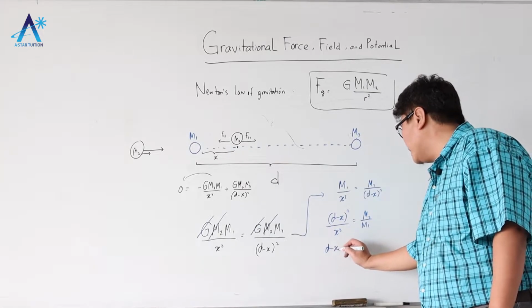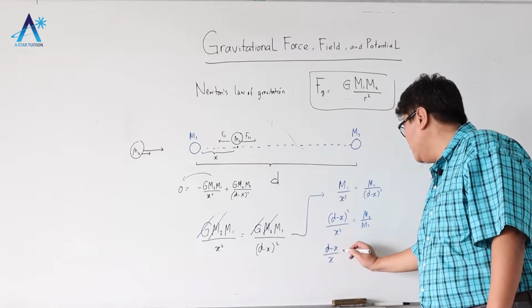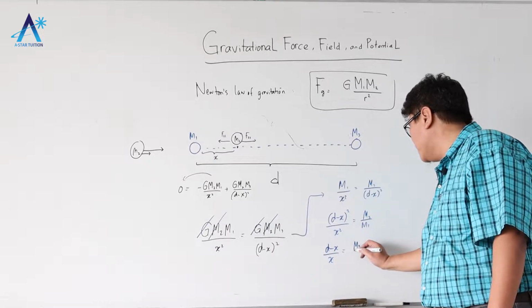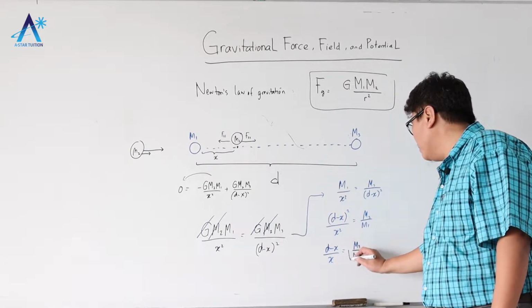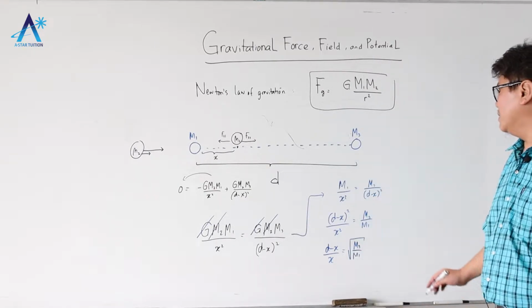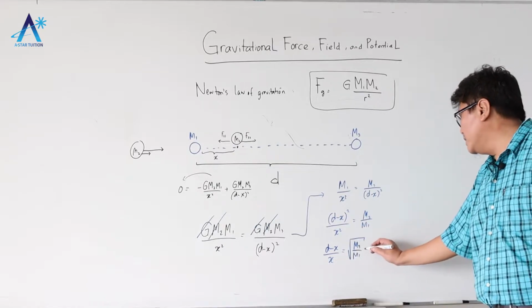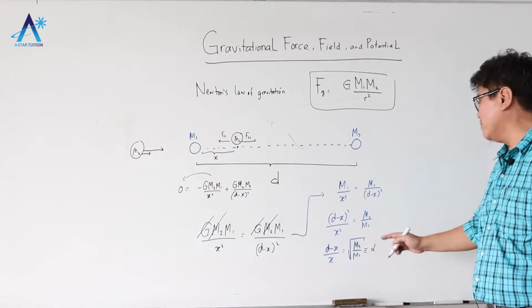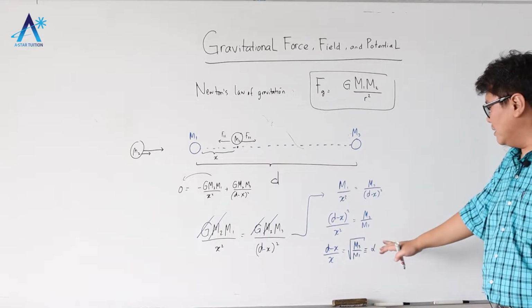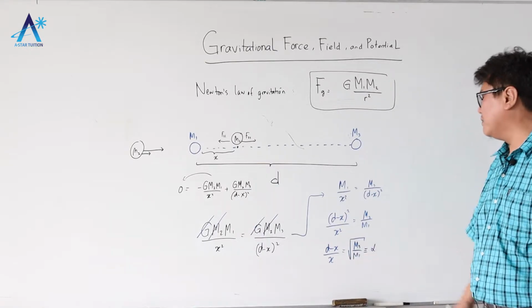Now in order to find x in terms of d, we take the square root of both sides, so this becomes (d minus x) over x equal to the square root of m3 over m1. Let's call this alpha, so let's absorb this variable as alpha.